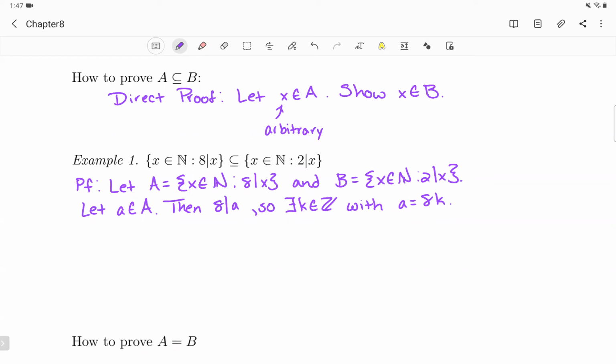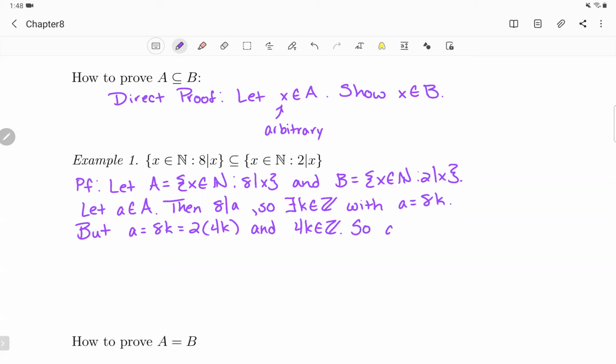My goal is to show that that's in set B. Well, what type of numbers are in set B? Multiples of 2. So I'm going to say, but a equals 8k equals 2 times 4k, right? So I've shown, yes, a is a multiple of 2. And 4k is an element of the integers.